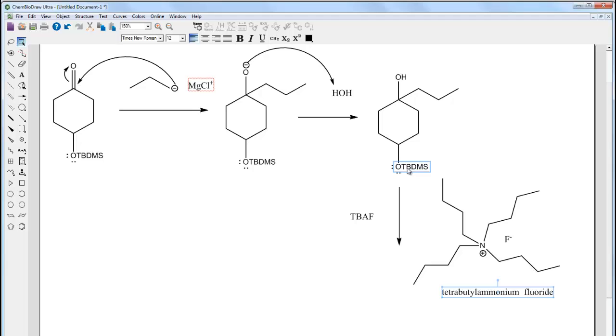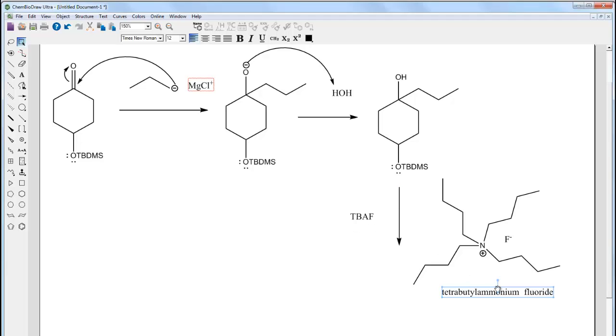Silicon and fluorine make a very strong bond together, so usually we want something that's going to deliver fluoride ion. Sodium fluoride would work just fine, but a lot of times we're working in organic solvents because we have big organic molecules. So we can make tetrabutyl ammonium fluoride, and with these big butyl groups on here, that makes this much more soluble in an organic solvent than sodium fluoride would be.